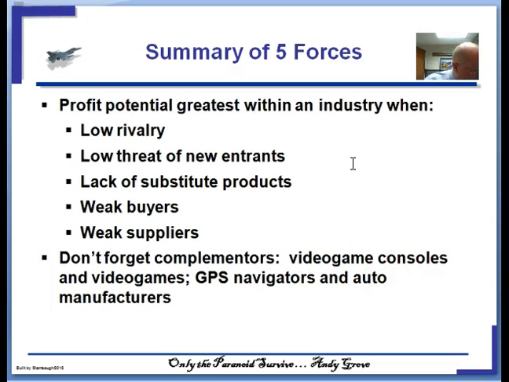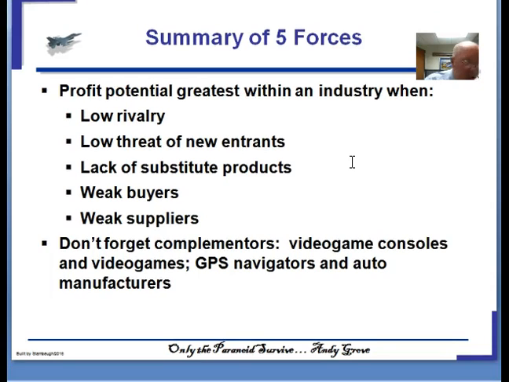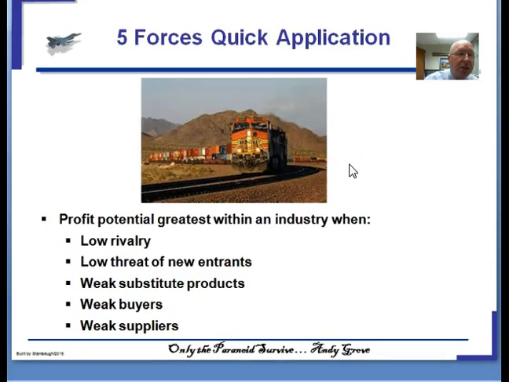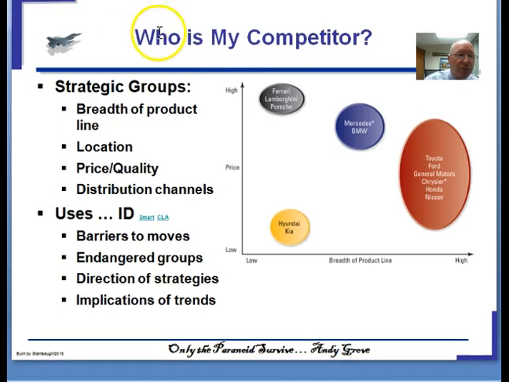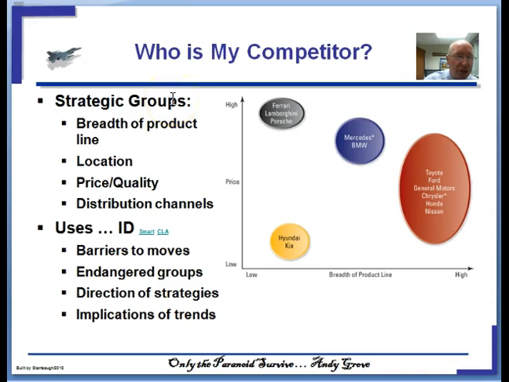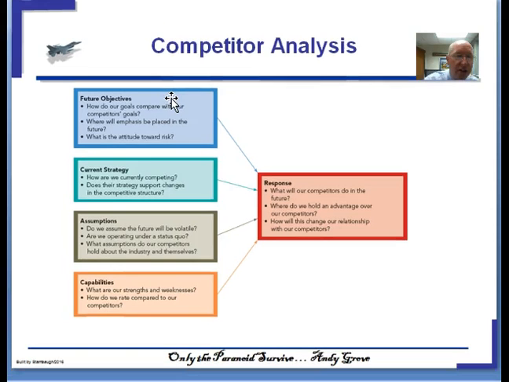I'm just glancing down to make sure I've got everything that I need to cover here. As far as strategic groups, be familiar with strategic groups and why firms are put into specific strategic groups and how the idea of studying strategic groups can be useful as you do your analysis.